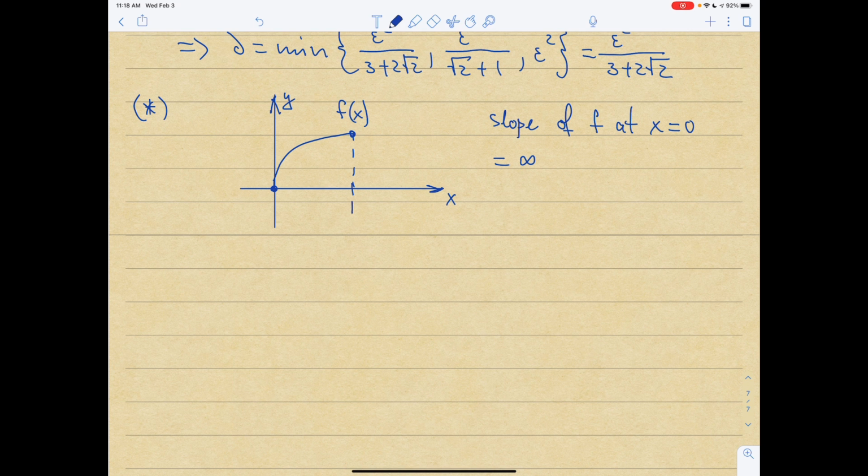And before, when we encountered a slope that was equal to infinity, we always concluded that there is no common delta that you can find for your function on a given interval. However, in this case, even though the slope is equal to infinity, your function doesn't go to infinity, right?